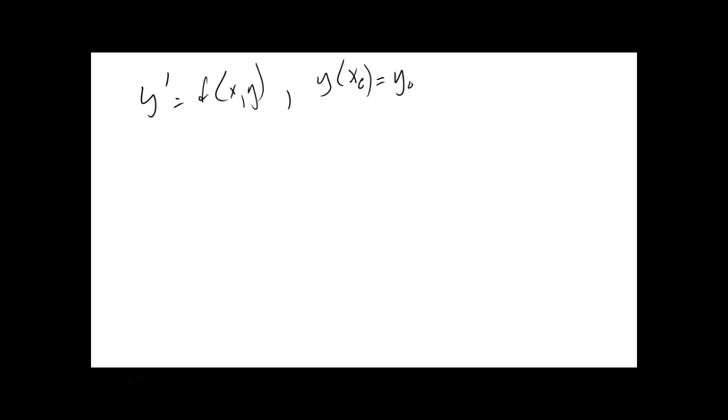Now, here's some examples of that. Here's a y prime. dy dx, by the way, is equal to 0.1 times the square root of y plus 0.4 x squared.